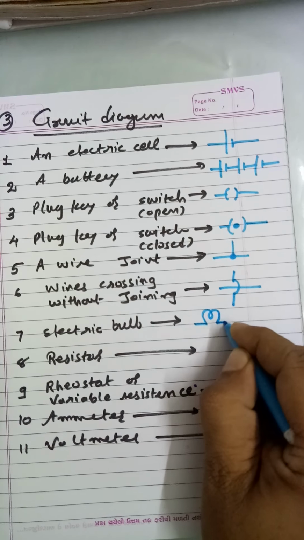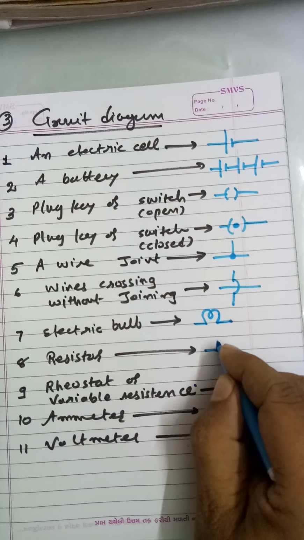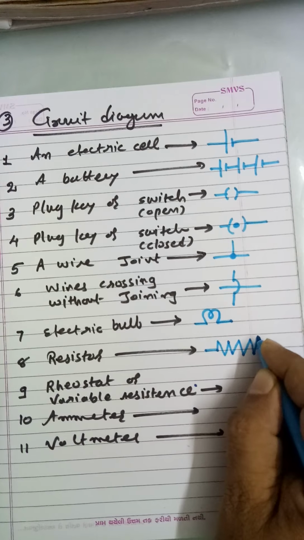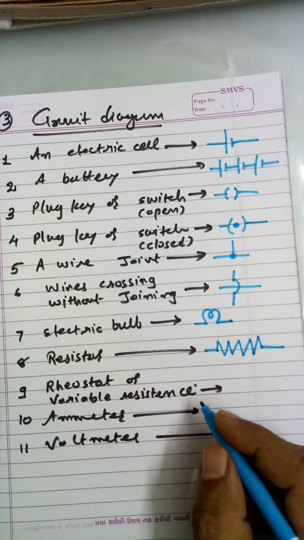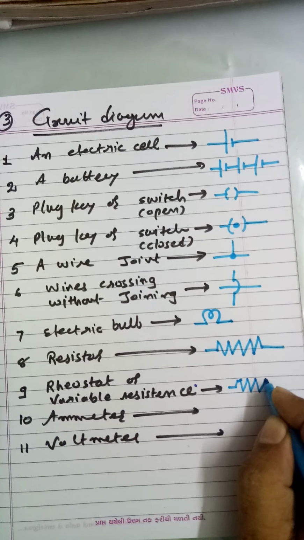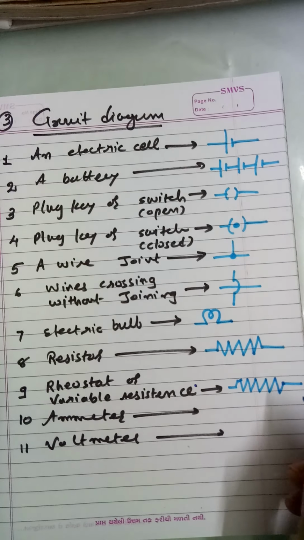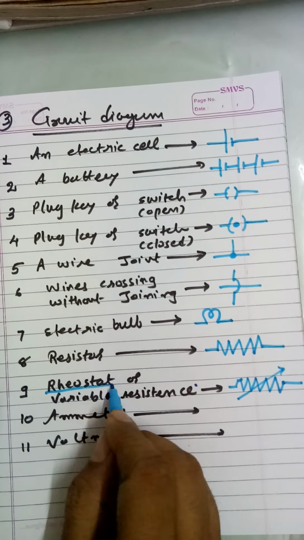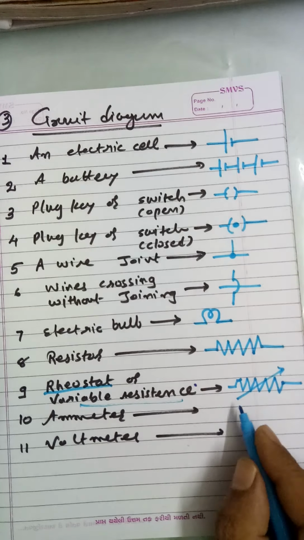This type means a bulb, and another is a resistor. Here the cross line is called a rheostat or variable resistance, which you can change.